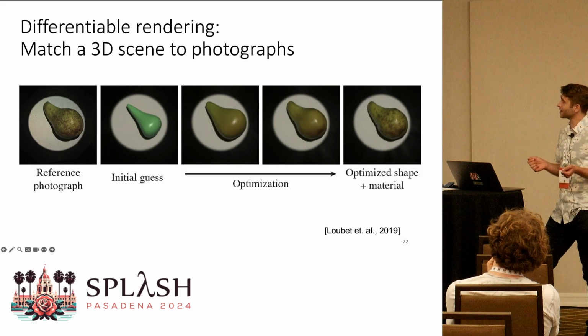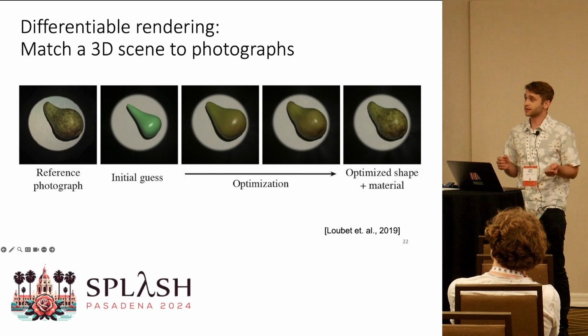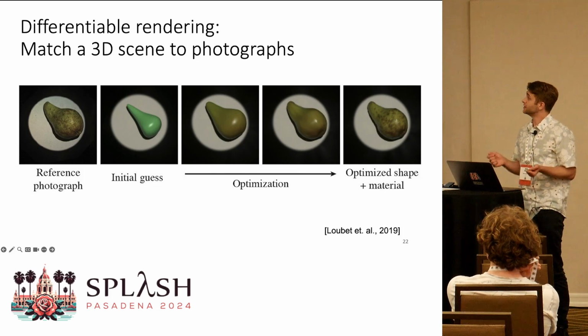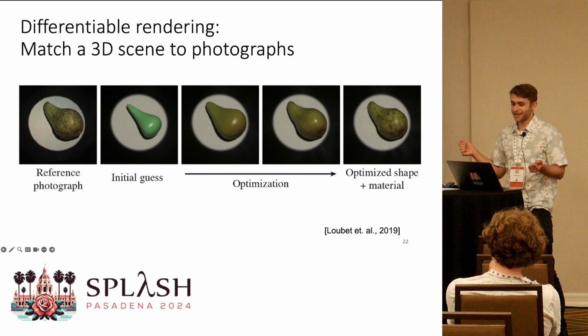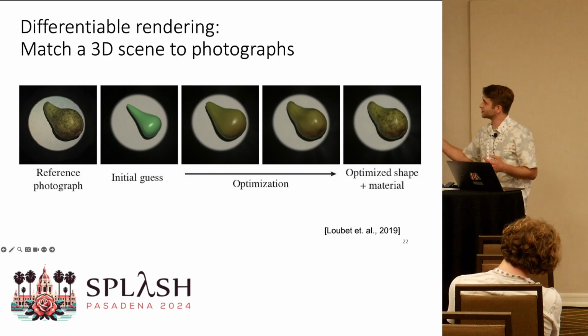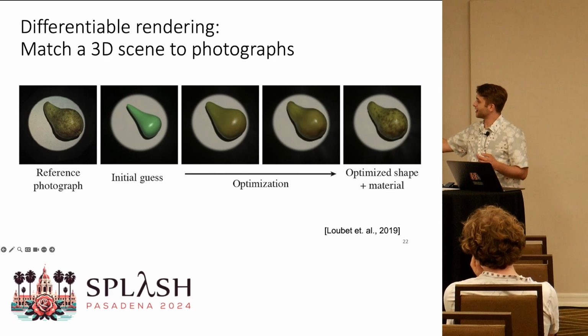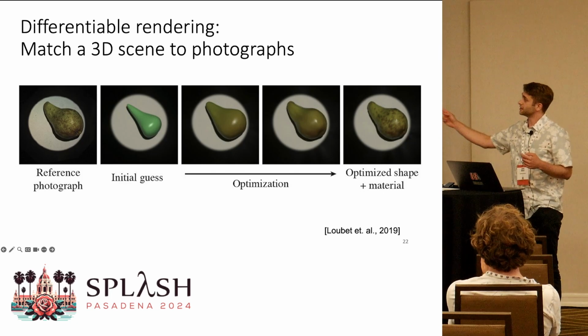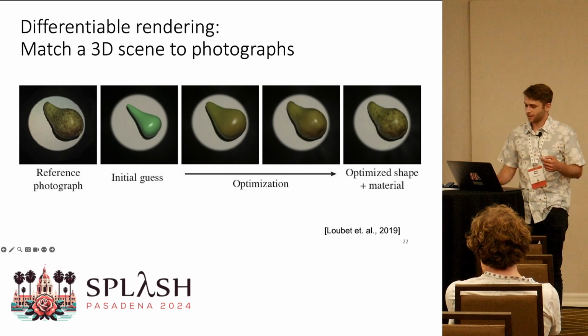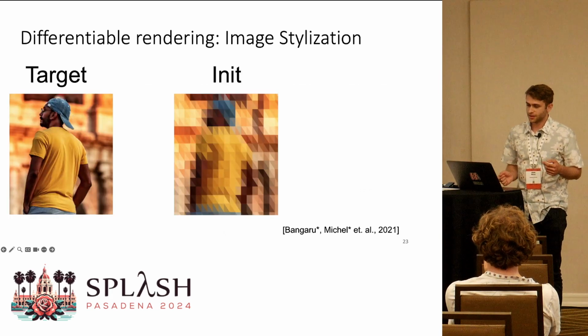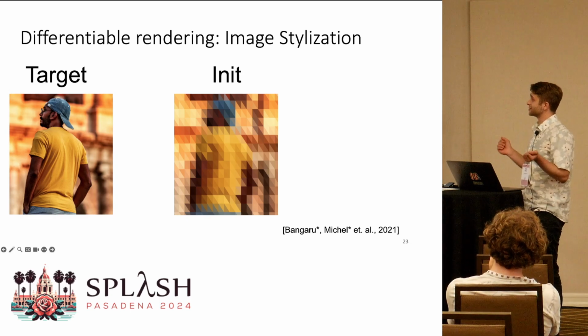So in differentiable rendering, the goal might be to match a 3D scene to some photographs. And the idea is we start off with some initial guess, and we'll optimize to match that photo, right? And another example is image stylization.